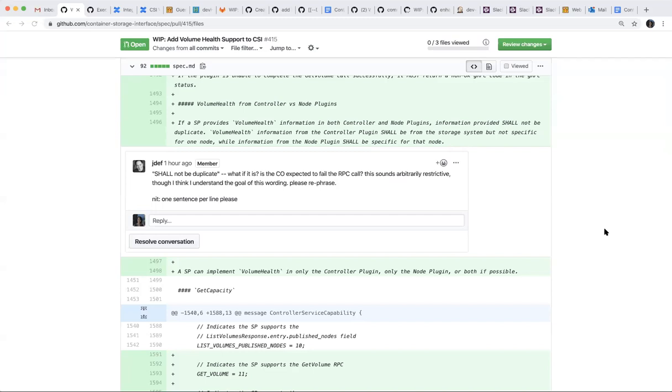So it sounds like what we're saying is there are two sets of signals, controller and node. Both are going to be periodically polled. Controller can happen anytime after a volume is provisioned and before it is deleted. Node can only happen while it is mounted. And as you get signals from both, you need to understand that they may give different information, but whichever one reports unhealthy, or anything other than healthy, should override the other signal.